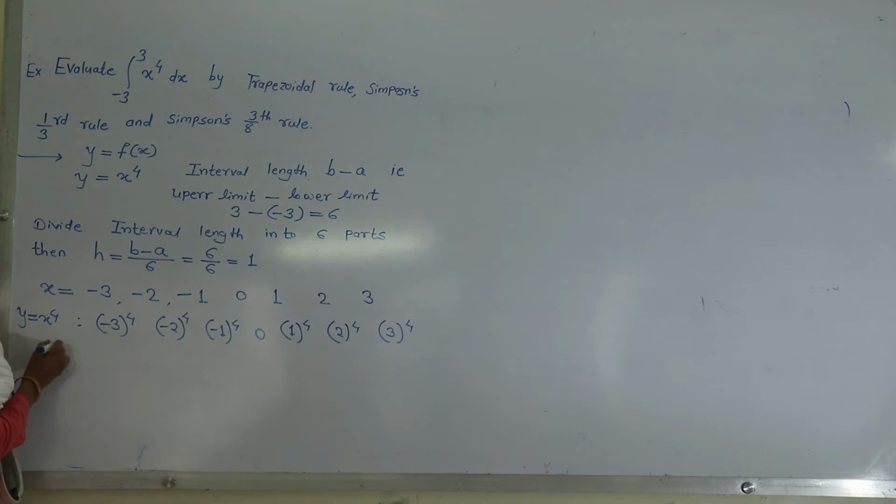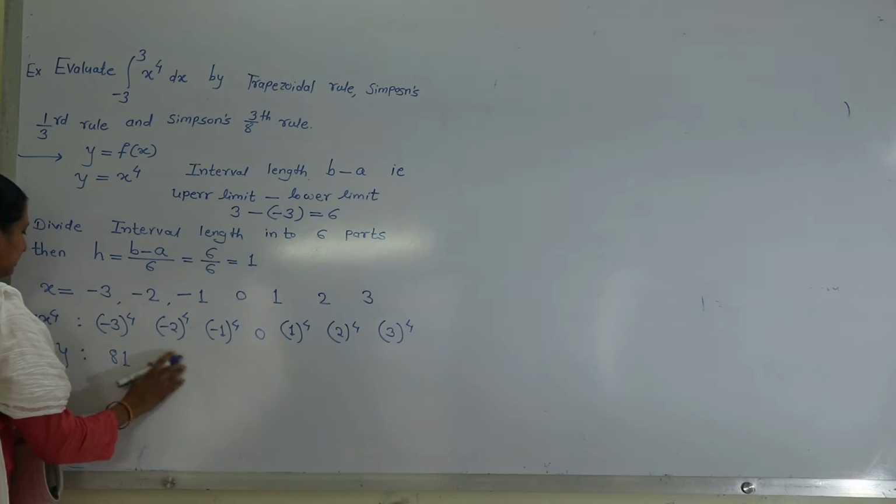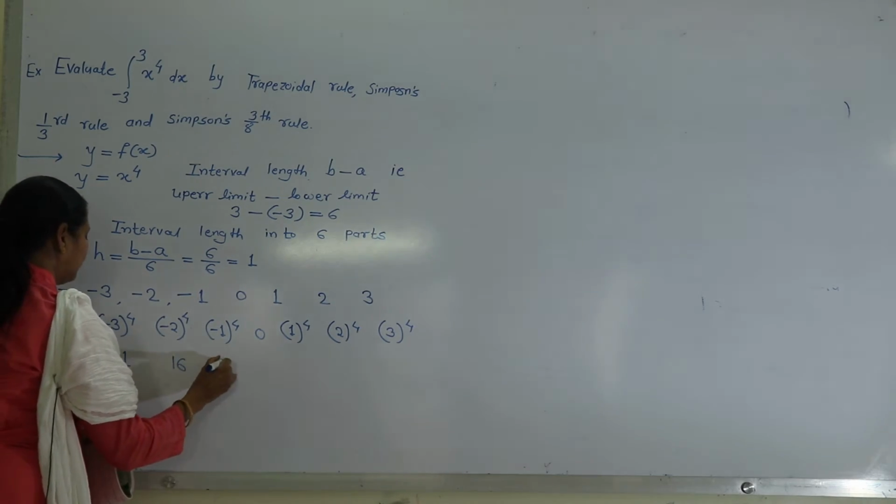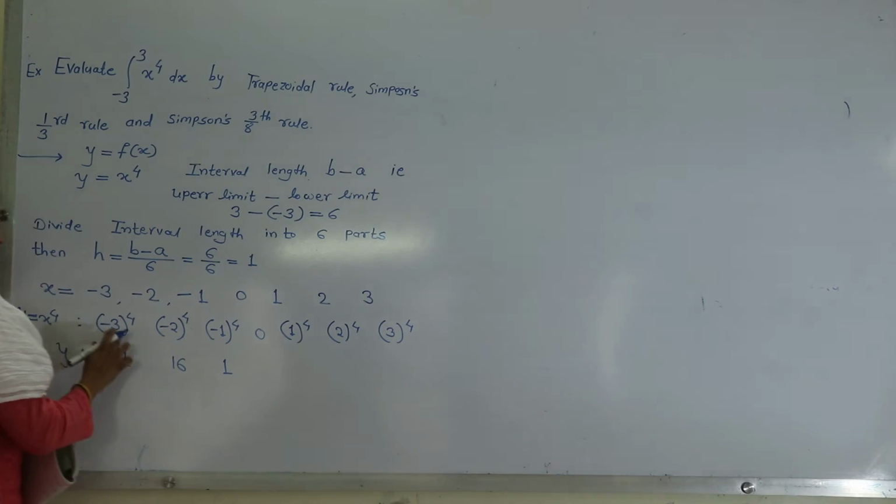Then the y values are: 3 raised to 4 means 81, 2 raised to 4 means 16, -1 raised to 4 is plus 1.